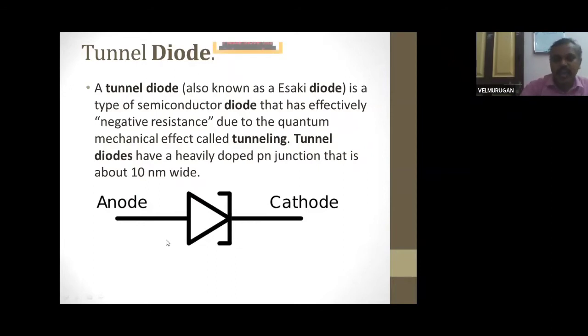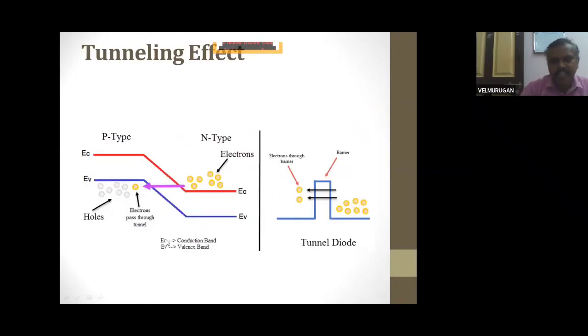Next we go to the construction and operation, that is the tunnel effect. How does the tunnel diode operate? See students, there are two layers split here, the N type and P type, with EC the conduction band and EV the valence band. In the N type there are a large number of electrons.